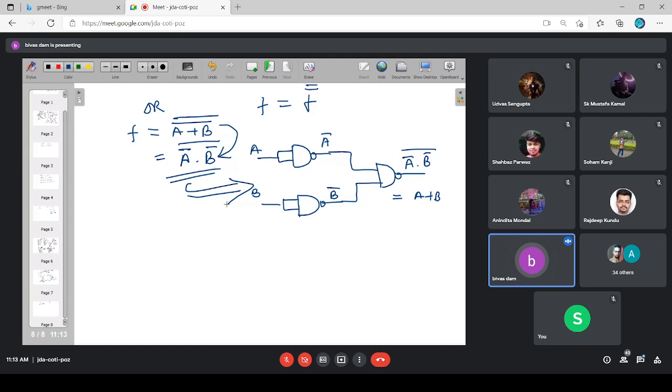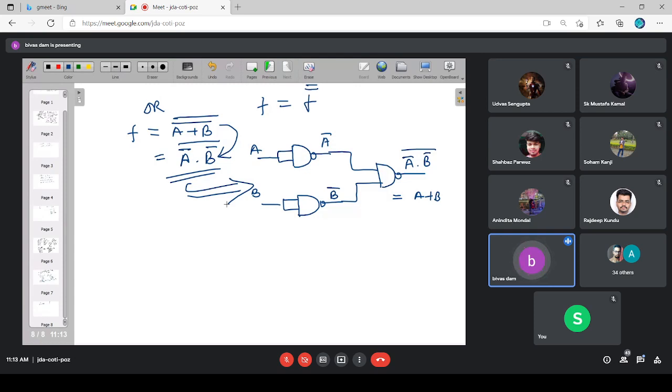Barring very few cases, we should try not to memorize the circuit. But there are definitely few cases where we have to memorize the circuit. But that is a very rare case.